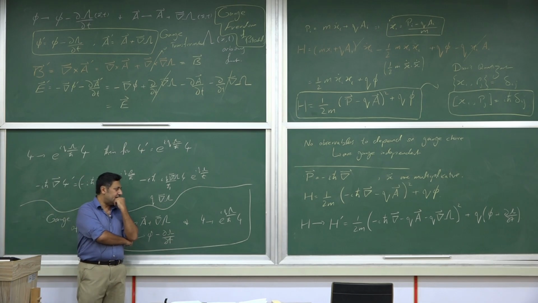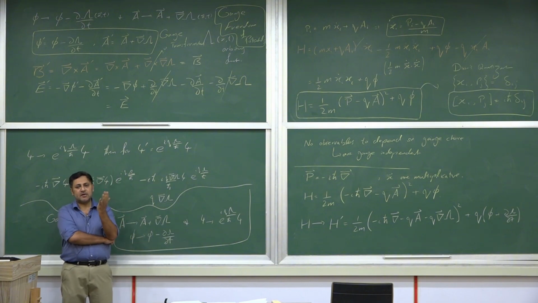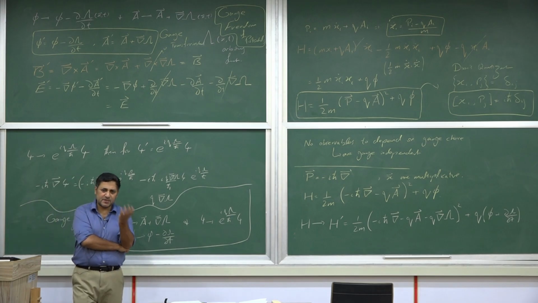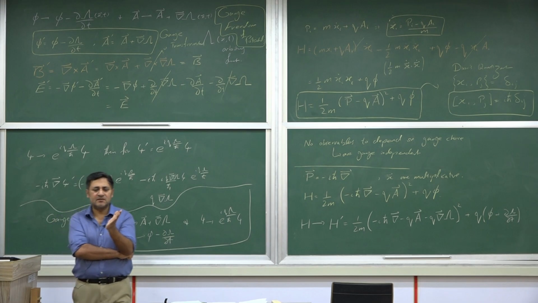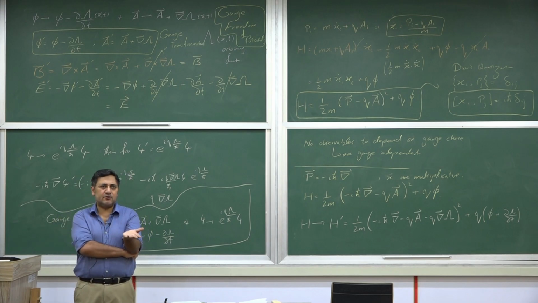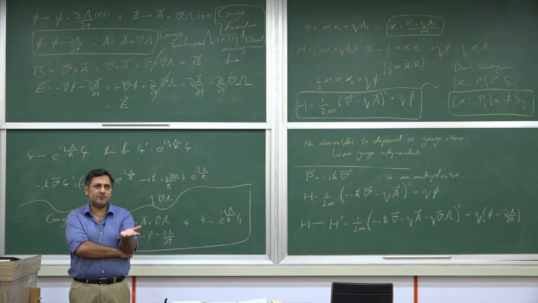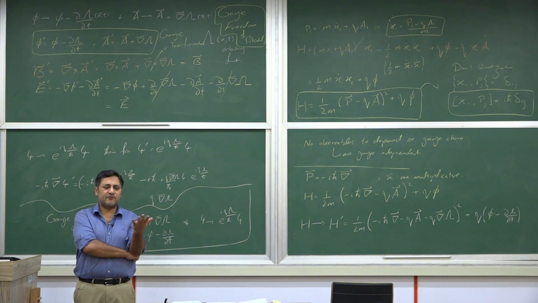You are left with a huge redundant description, and you can pick one. You can fix one gauge and describe your dynamics with that. But you have to keep in mind that I can change the gauge, and the same dynamics can be described in some other gauge. So it's like different representations of the same process.